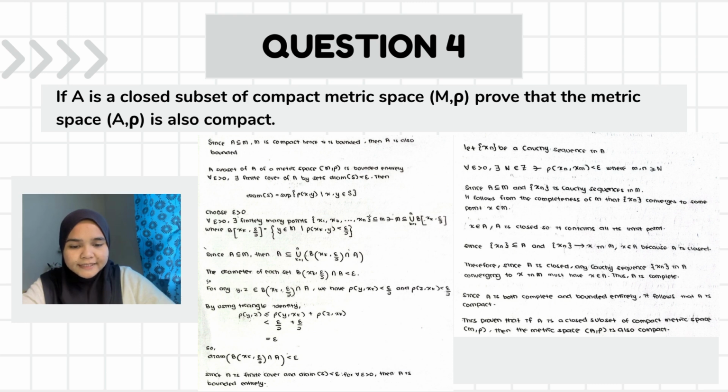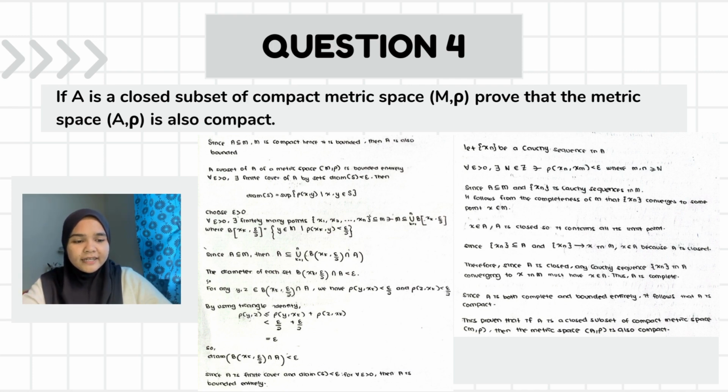Therefore, since A is closed, any sequence xn in A converging to x in M must have x in A. Thus, A is complete. So, since A is both complete and totally bounded, it follows that A is compact.